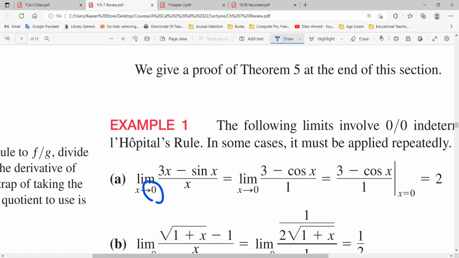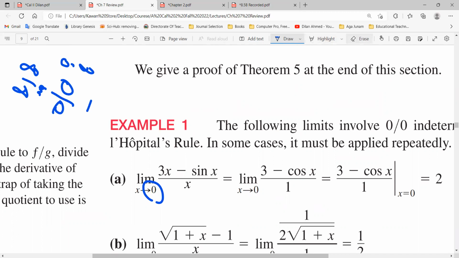So maybe infinity, maybe 0, maybe a number, maybe pi, we don't know. The important thing is that we get this shape or that shape, and it depends.